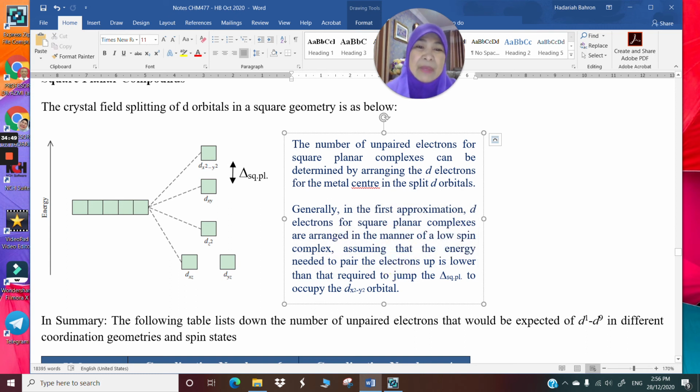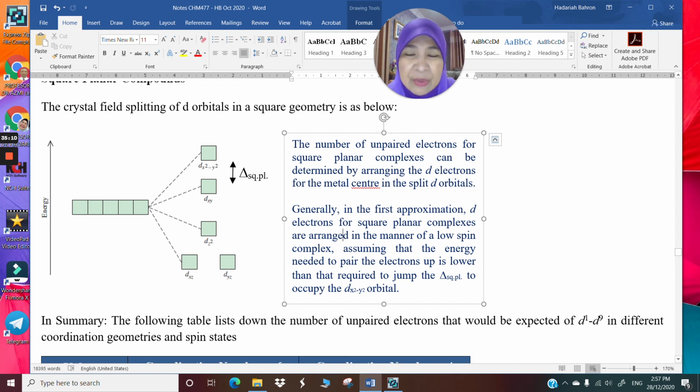arranged in the manner of low spin complexes, because most of the time the electrons will not jump to fill up the top orbital. They will fill up these two orbitals, that and there, and then start to pair them up.